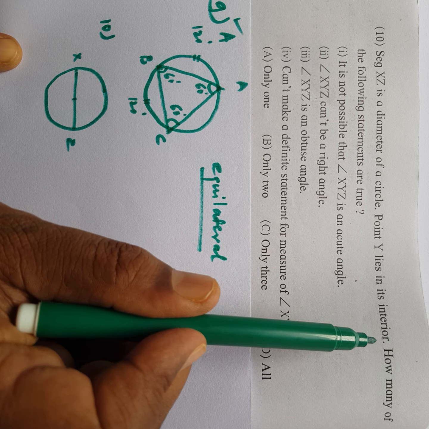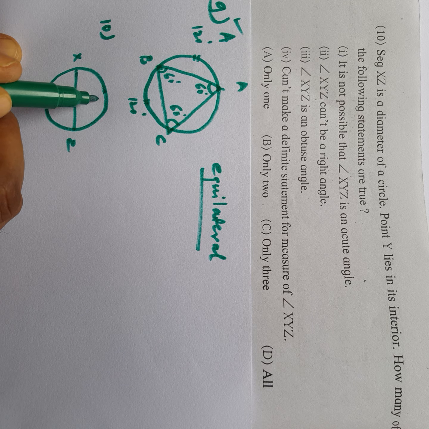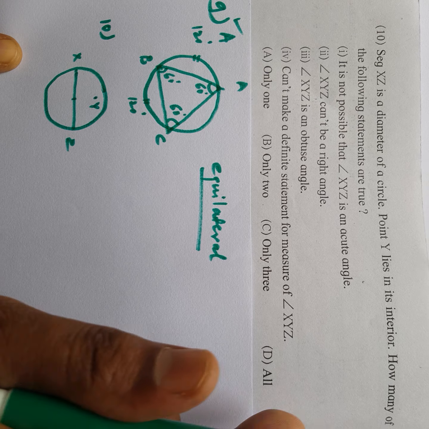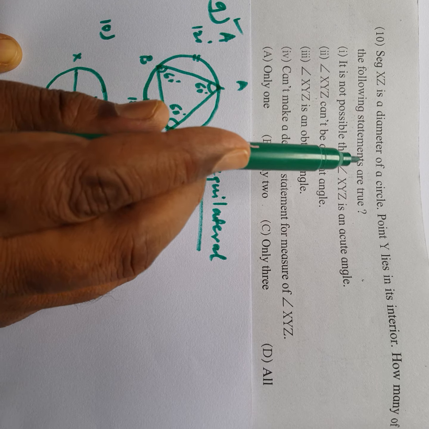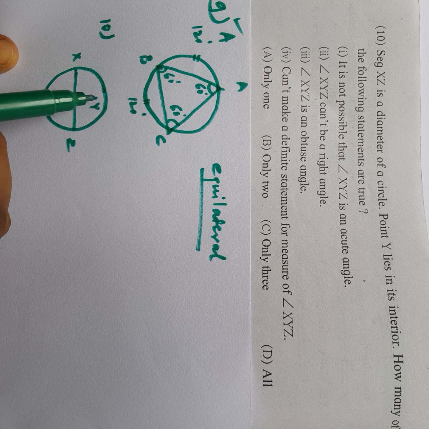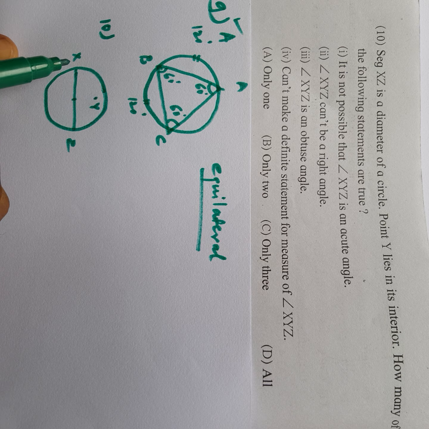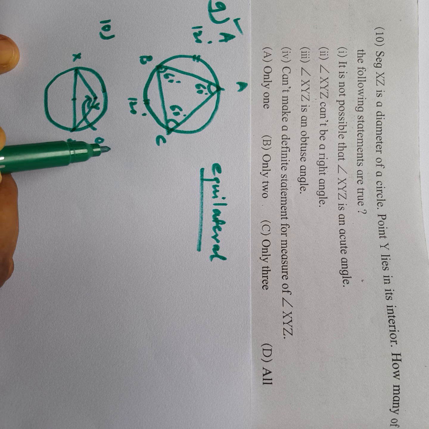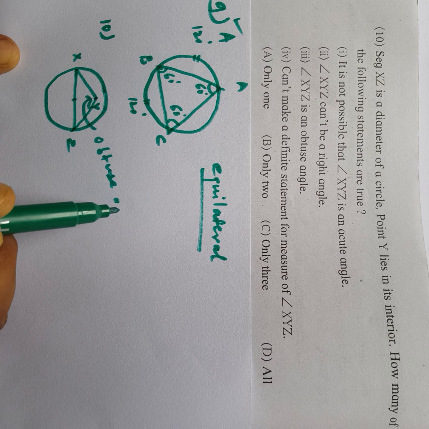Point Y lies in the interior of the circle. How many of the following statements are true? We know that if Y is in the interior of the circle, then the angle XYZ is an obtuse angle.